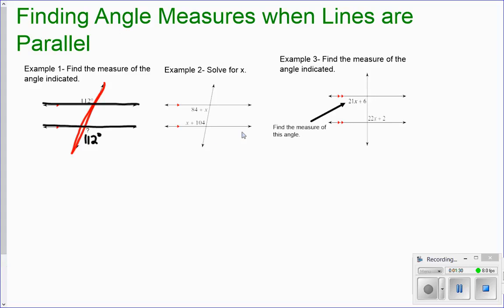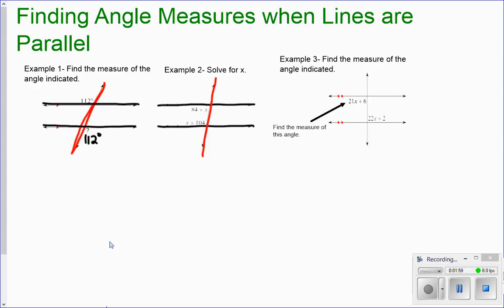Taking a look at the next example, again, I see parallel lines. They're marked with those red arrows, and I see my transversal. I'm trying to figure out what kinds of angles we have here, and the two angles that have numbers and variables in them are on the same side of the transversal, and they're on the inside or interior of the parallel lines.